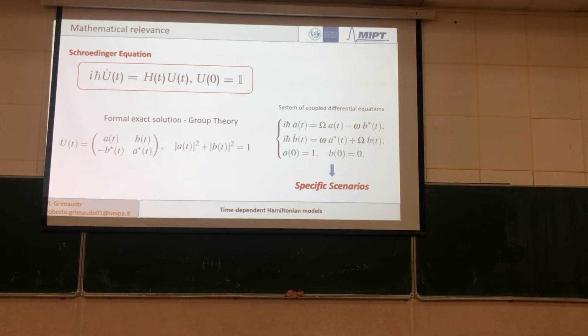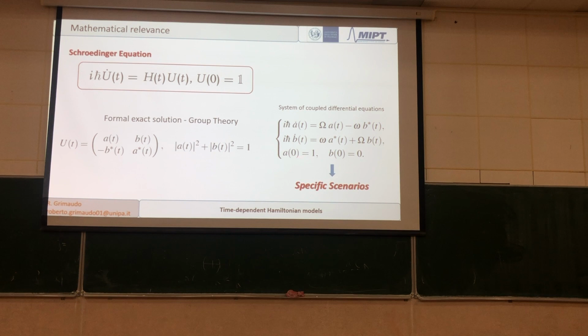Okay, so we have the matrix representation of our time-dependent Hamiltonian, and we have the formal representation of the time evolution operator. So from this equation we can easily write this system of two coupled linear differential equations in A and B, depending on the Hamiltonian parameters appearing here.